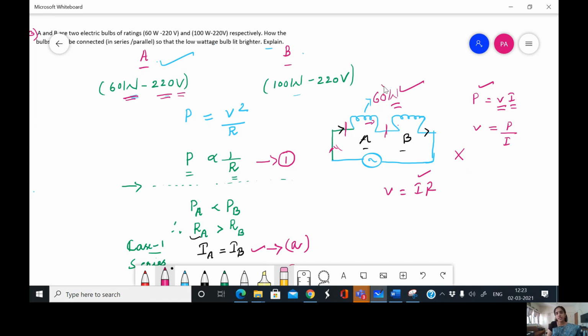This is the mistake we make when they are connected in series or parallel: we treat them the way we do when they are connected individually. Don't do so. When the appliances are given with ratings, with voltage and power, one thing only we need to remember: the resistance remains the same for the appliance. I am not talking about the total resistance of the circuit.